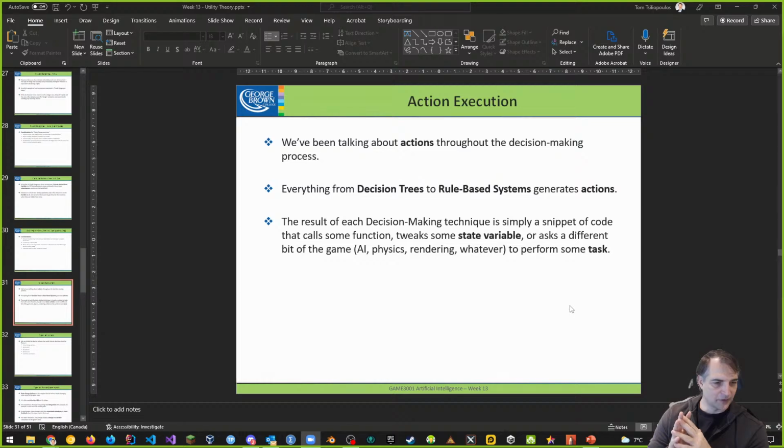We've been talking about things like, okay, I want to take this action. I want to take this action, right? As an example, everything from decision trees to rule-based systems, they all generate actions, right? We have a bunch of considerations here in utility. We've talked about a sensing suite, where we have a couple things we've asked you to do for your assignment 4 is we want to give your enemy AI both line of sight and some kind of radius detection.